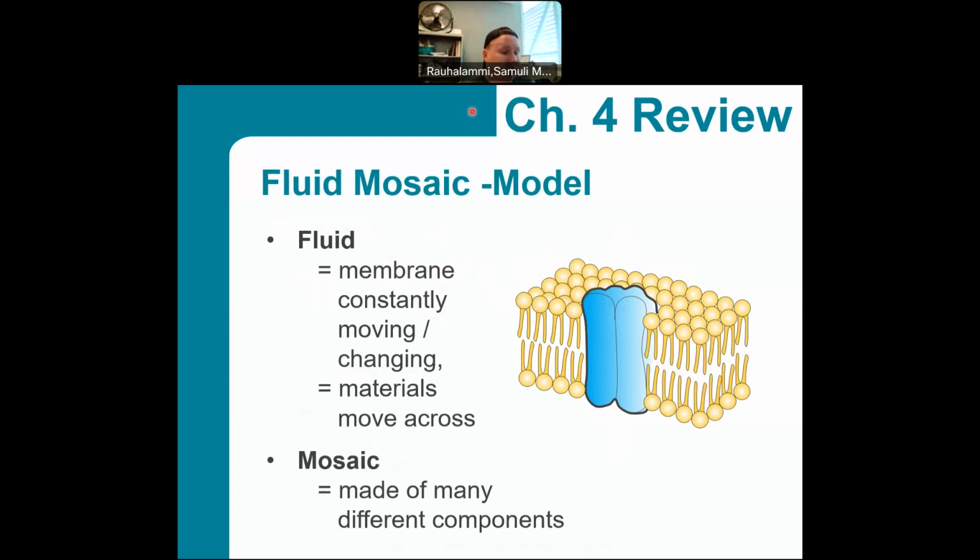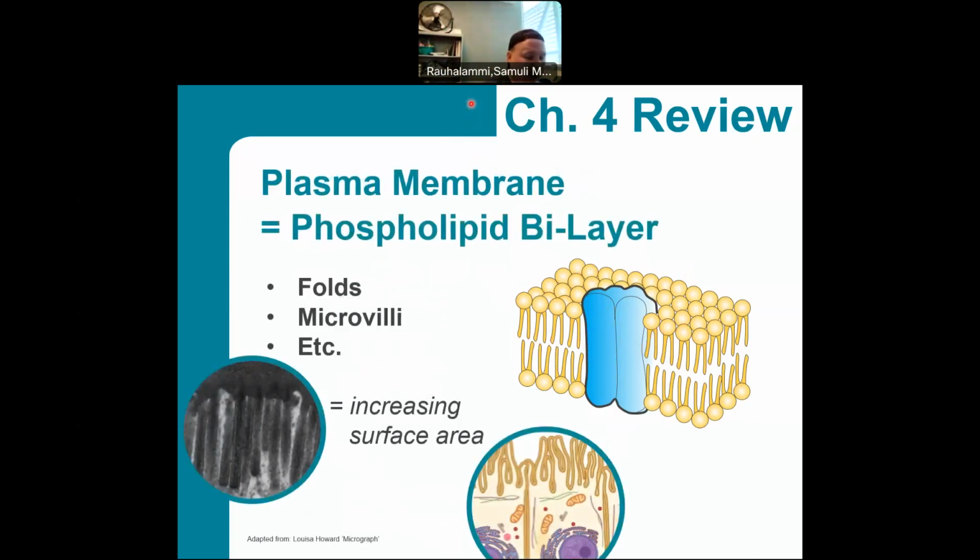The fluidity also refers to the fact that many materials are moving across these membranes. The mosaic instead refers to the fact that it is made of many different elements and components, just like a mosaic art piece is made from little pieces of ceramics or rocks that together form something greater, a bigger picture. So that's what I mean when I talk about cell membranes as a fluid mosaic model.